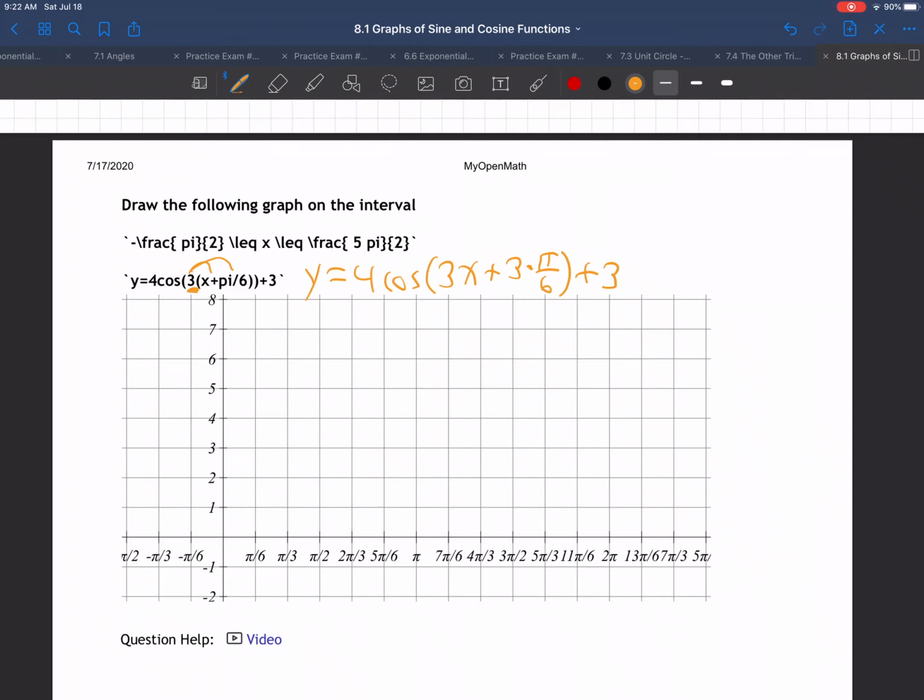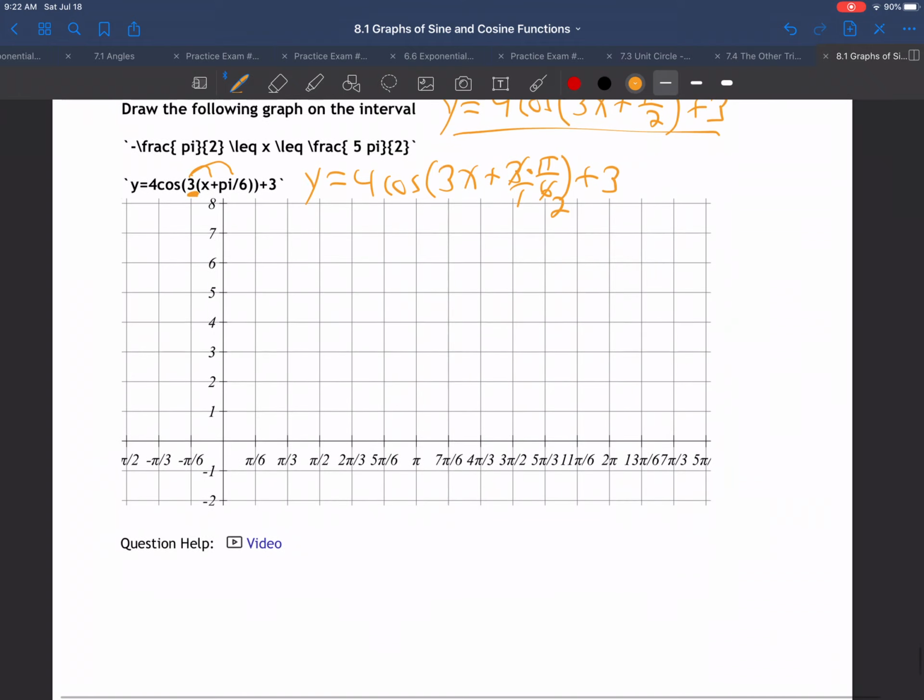So I took that 3 right there and I distributed to the x and the pi over 6, and then this is 3 over 1, so this cross cancels, doesn't it? So we end up with 4 cosine of 3x plus pi over 2 plus the 3 on the outside. So there we go. There's our equation.